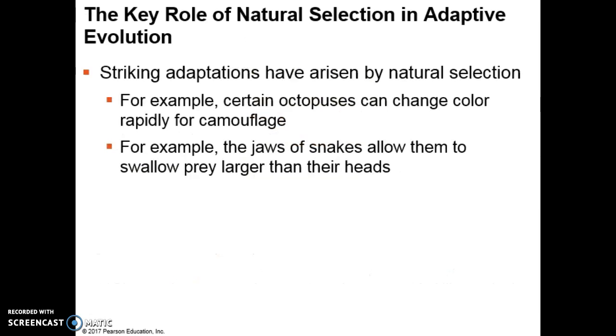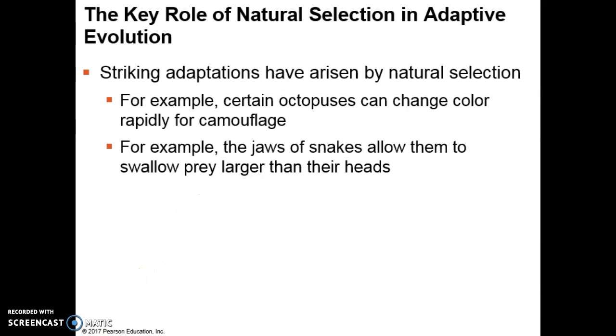So how does natural selection impact adaptive evolution? We see octopuses that can change color rapidly for camouflage, and iguanas and chameleons that can change color. Pretty striking adaptations that we've seen because of natural selection.